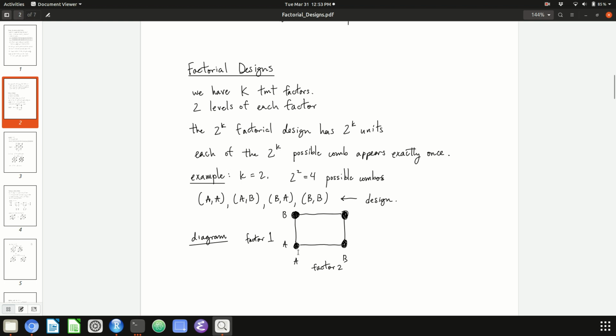So what this means here is we run one experimental run with both at A, one with factor 1 at B, factor 2 at A, one with factor 1 at A, factor 2 at B, and one with both at level B. So each of these corners of this little diagram corresponds to one of these treatment combinations.